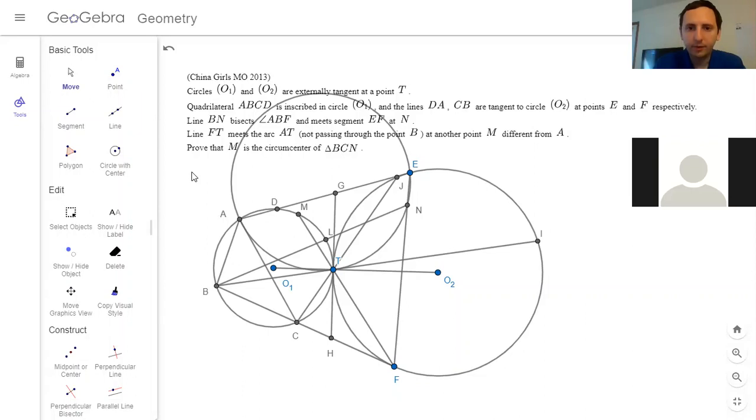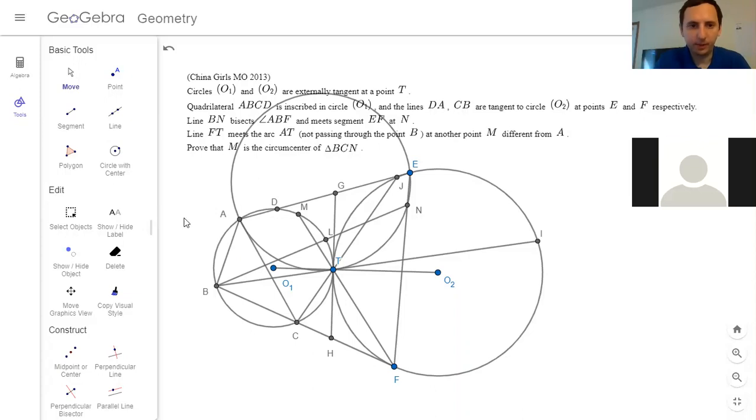So we have to use the definition of N somewhere. Maybe we could show, I like trying to show TNF is equal to TAE. Or let's see, maybe TEA. Okay, hold on.